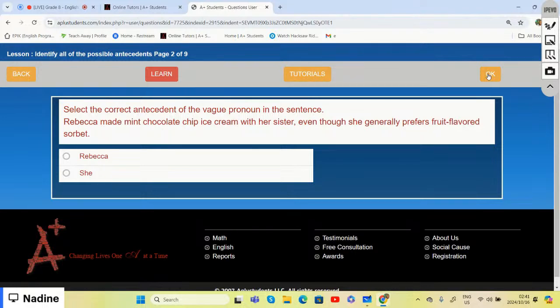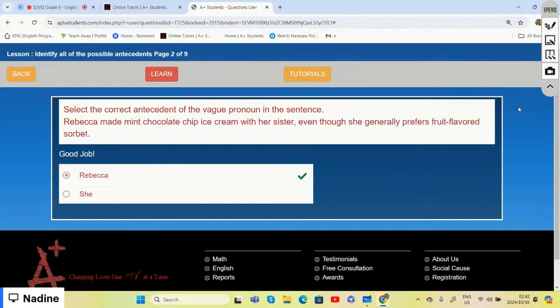Rebecca or she. And if we were to select the correct option, we will choose Rebecca, the first one.